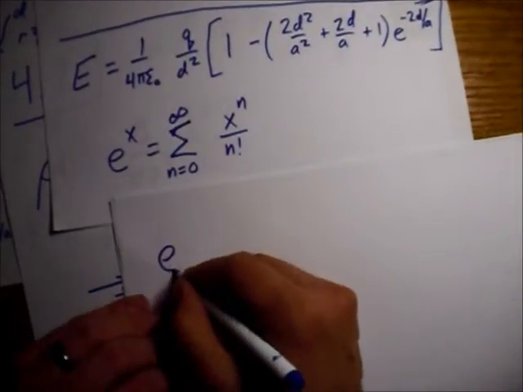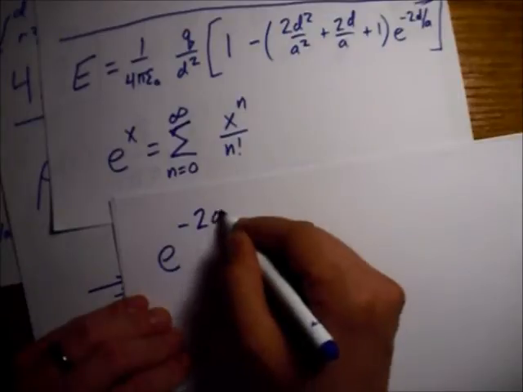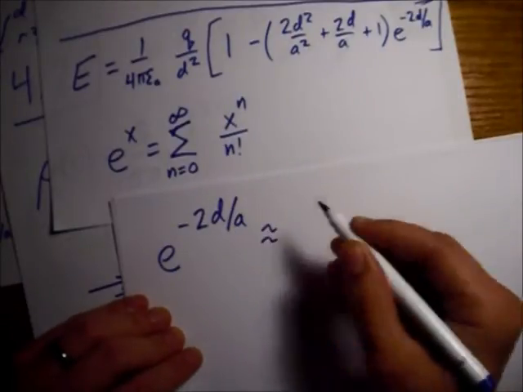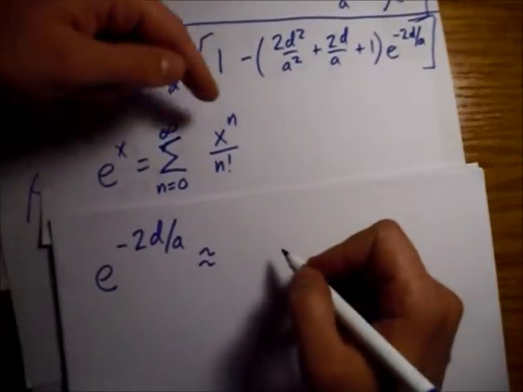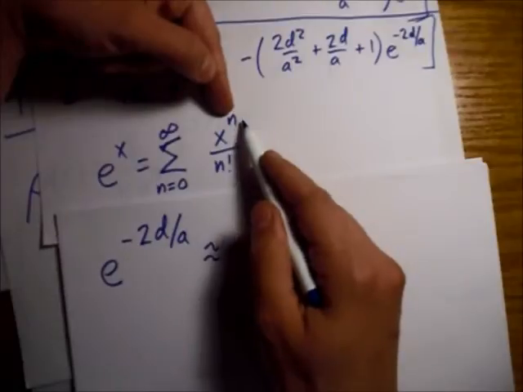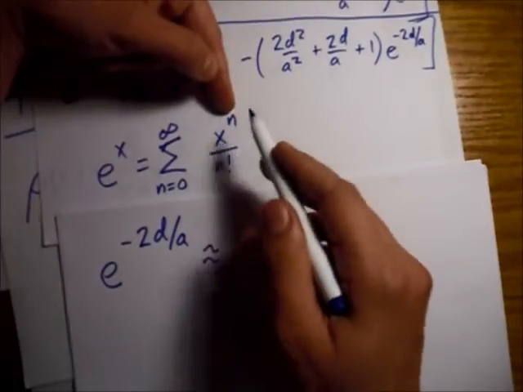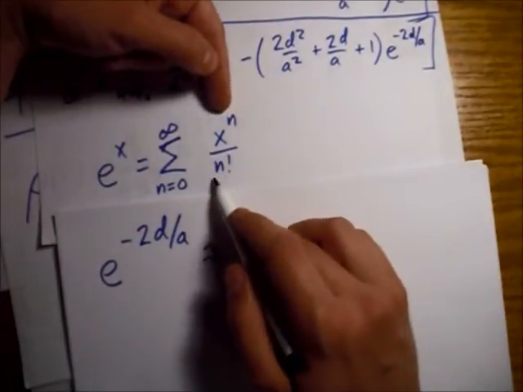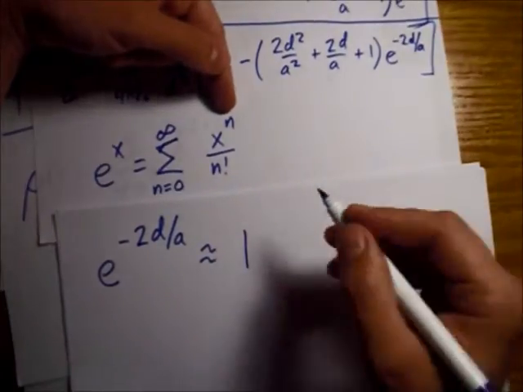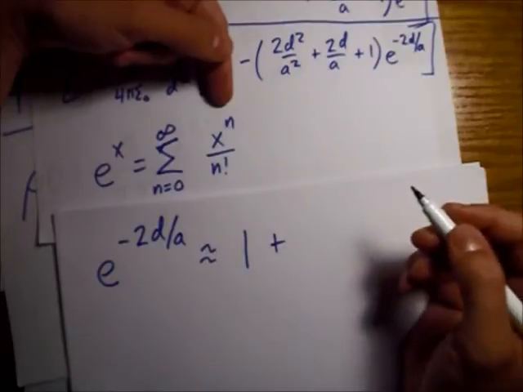All right, so e to the minus 2d over a is going to be approximately equal to, starting off with n equals 0, something to the 0th power gives us a 1, and then 0 factorial is defined as 1, so we start with a 1.